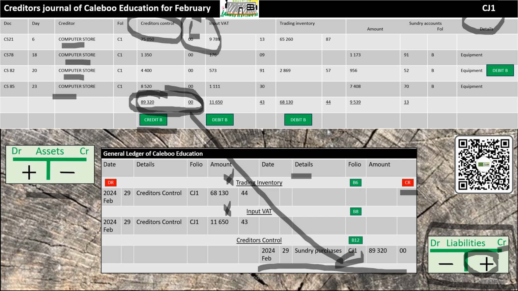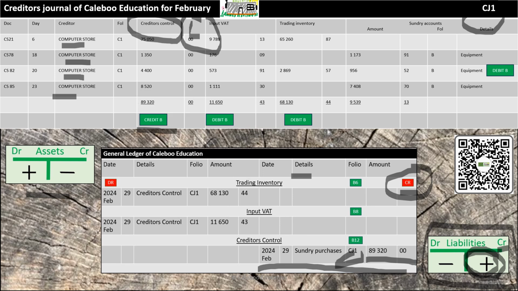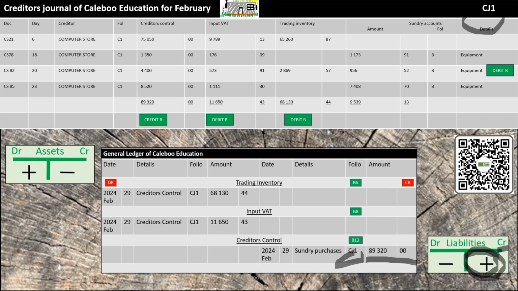from the total of the creditors control, on the right hand side, the credit side. Why? Because there's an increase in liabilities. Now let's post the information from the input VAT column and the trading inventory column.